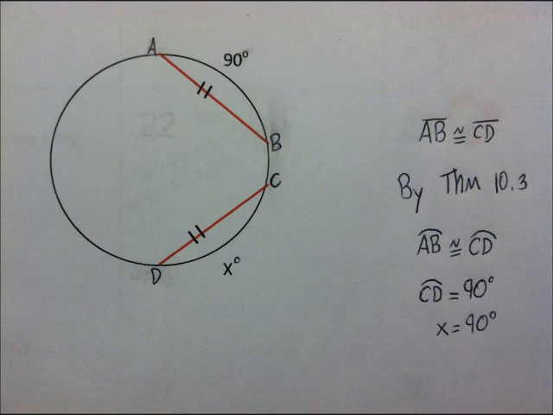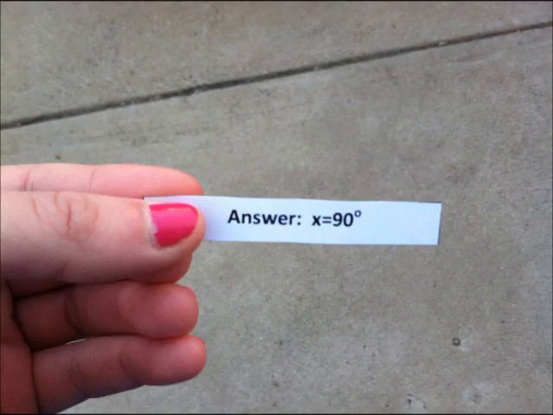Through 10.3, we can prove that arc AB is congruent to arc CD. Therefore, if arc AB is 90 degrees, then arc CD is also 90 degrees, and x is equal to 90 degrees.